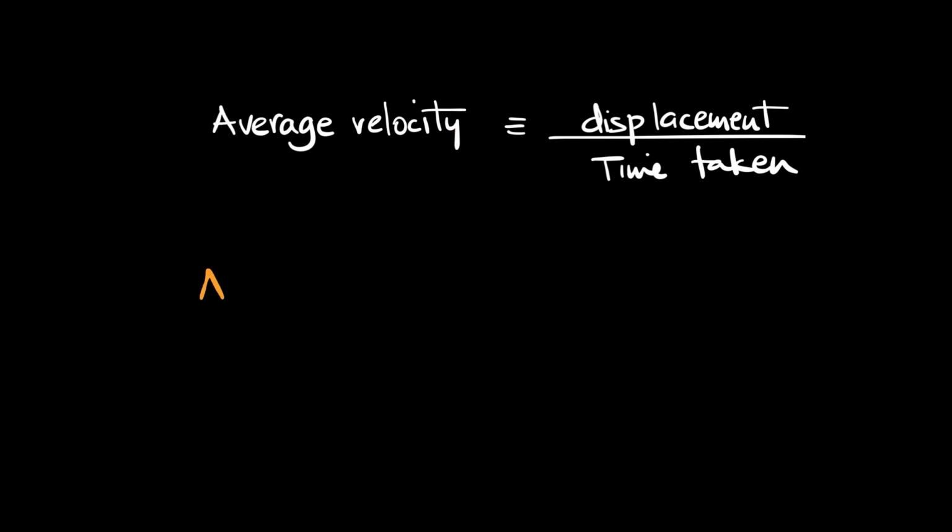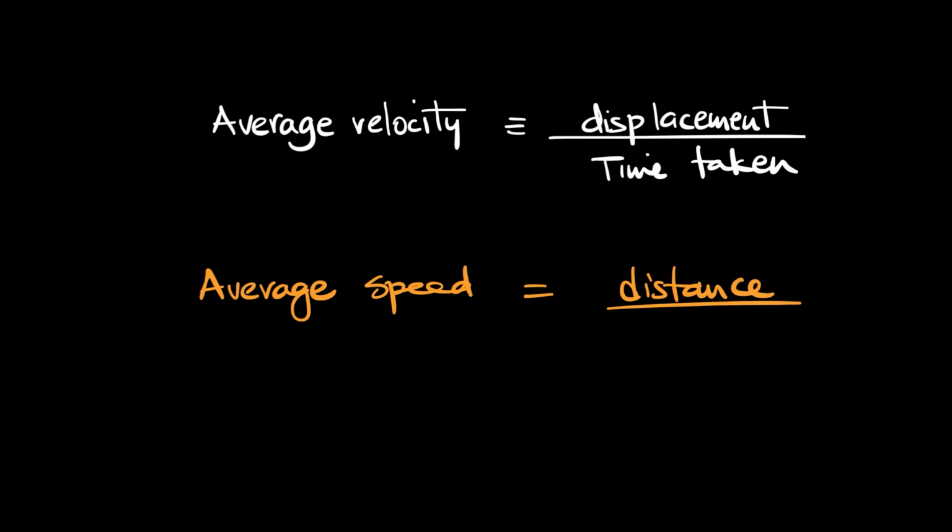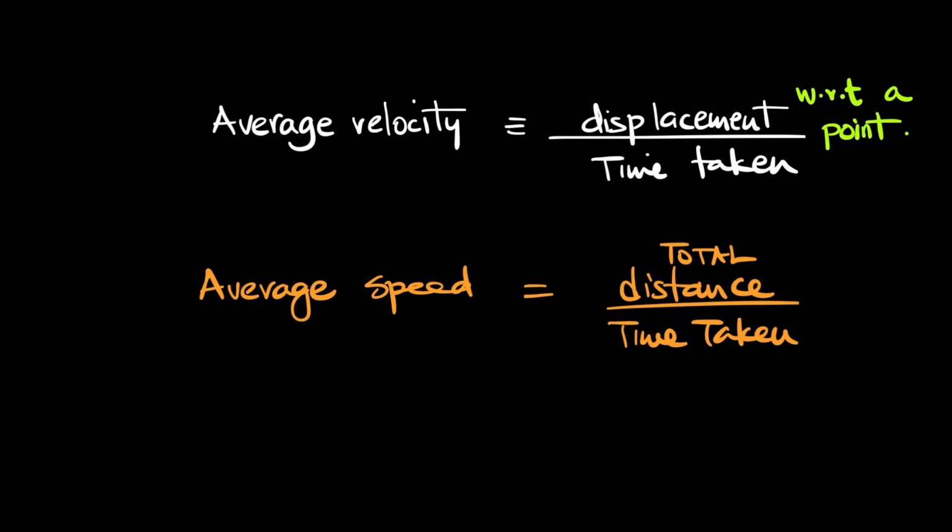But if the examiner asks for average speed, we will write the distance covered divided by the time taken. Now, when we talk about distance, we talk about total distance. When we talk about displacement, this is with respect to a point. Whatever point is the starting point, with respect to that particular point, we will find the displacement and it will be divided by time taken.